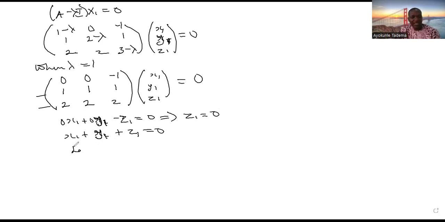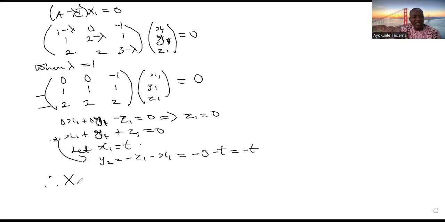As I said, let x1 be t. If x1 equals t, what's going to be y1 from here? y1 becomes minus z1 minus x1. Z1 is 0, x1 is t, so this is minus t.